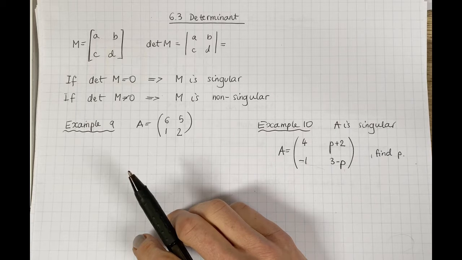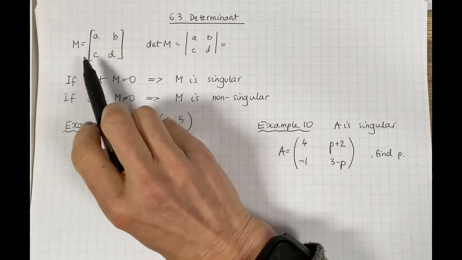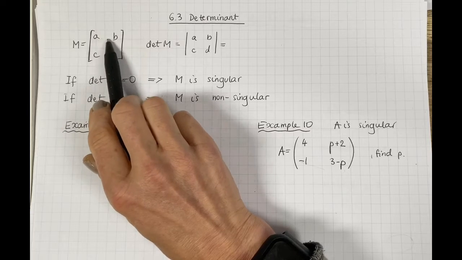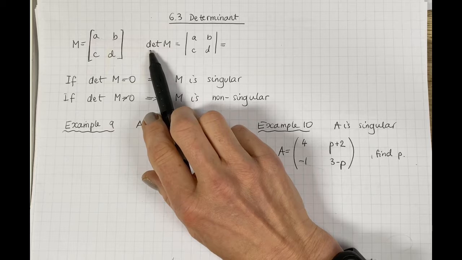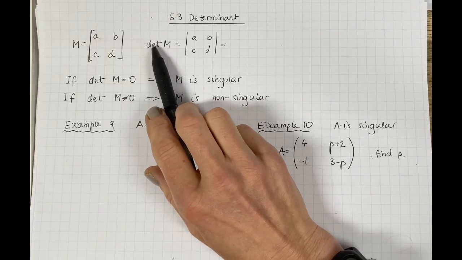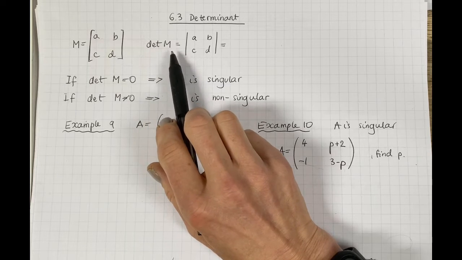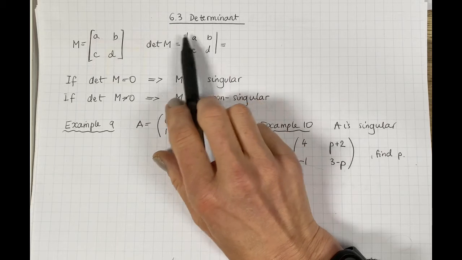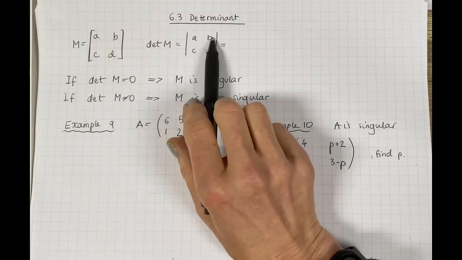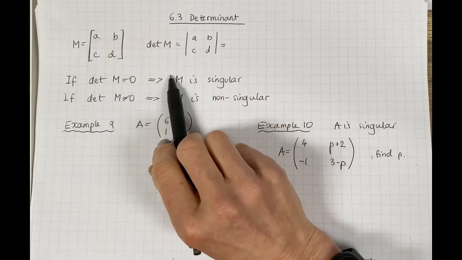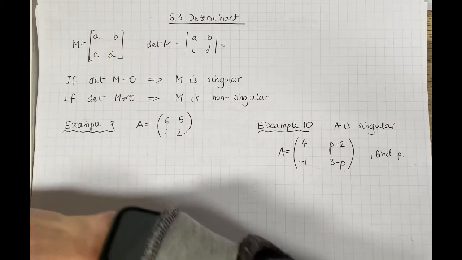If you've got a 2 by 2 matrix with the entries A, B, C, D, then you can either write it as det M, or when you are finding det M, it could be written in straight lines, like a modulus symbol, and that means you're finding the determinant.